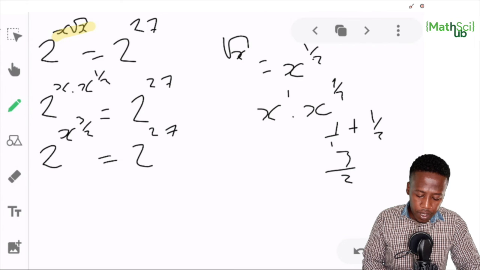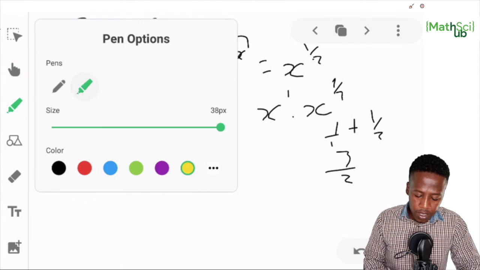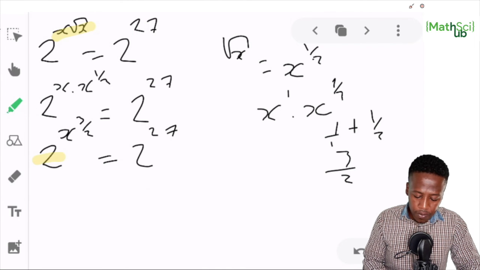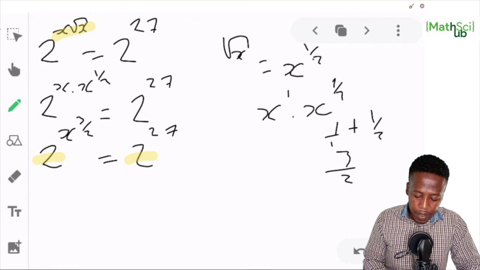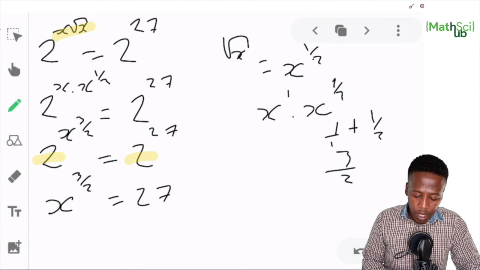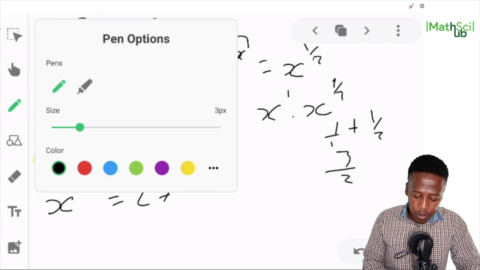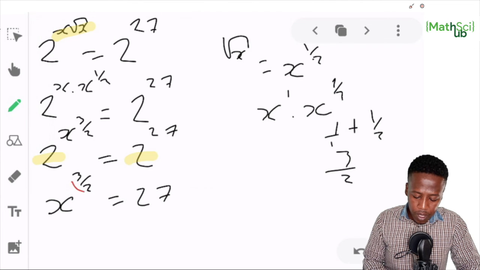Now life has been made much easier for us because we have the same base, meaning we can drop our bases and write this as x to the power of 3 over 2 equals 27. And now we need to get rid of this power here.